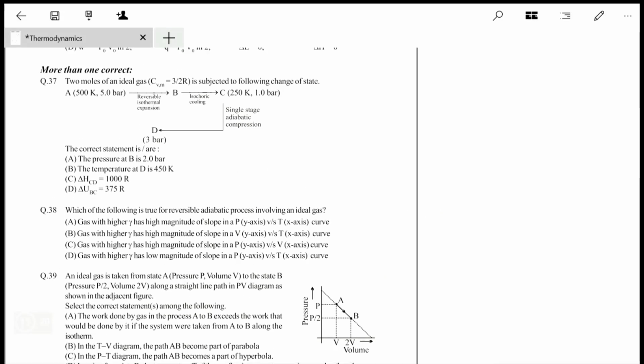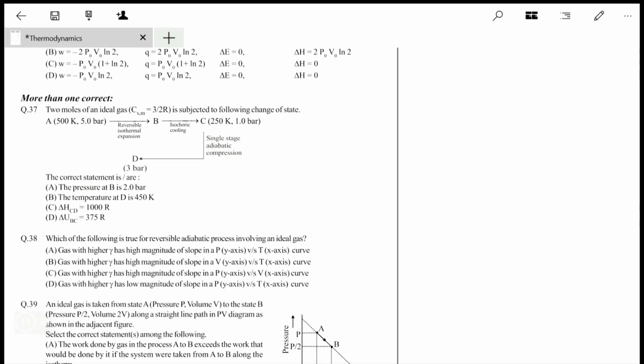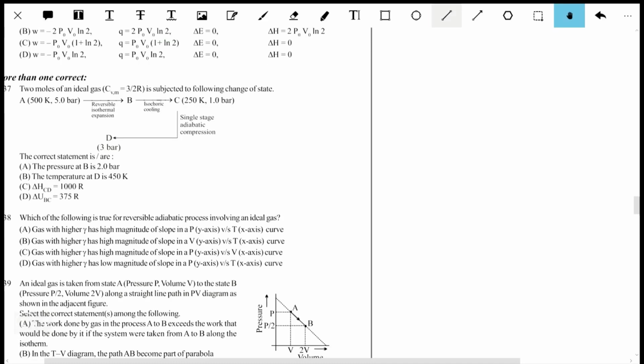Right, for question 37, it says A to B is a reversible isothermal expansion, followed by B to C, which is isochoric cooling, and C to D is a single stage adiabatic compression. It is easier to solve these questions if you have a graph. So let's first draw this, denote this on a PV graph.